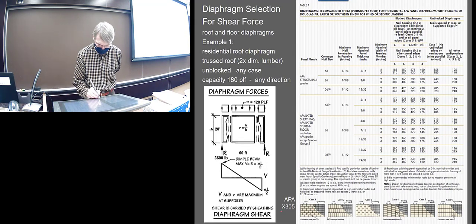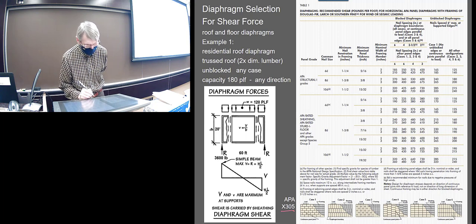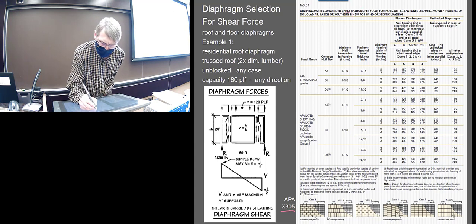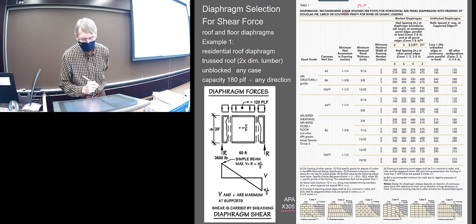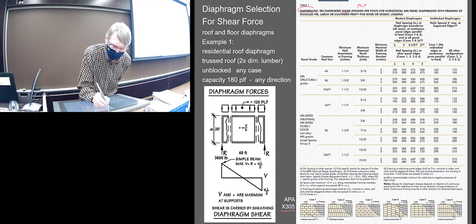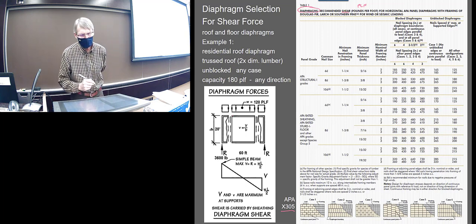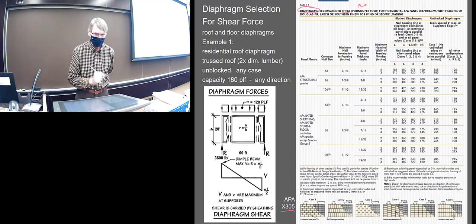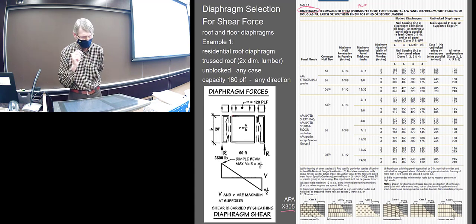This design table right here comes out of the 305. And this is to find the shear in PLF that the panel can withstand. And this is for diaphragms. So there's a table, apparently table 1 is for diaphragms. I think there's a second table 2 for shear panels.